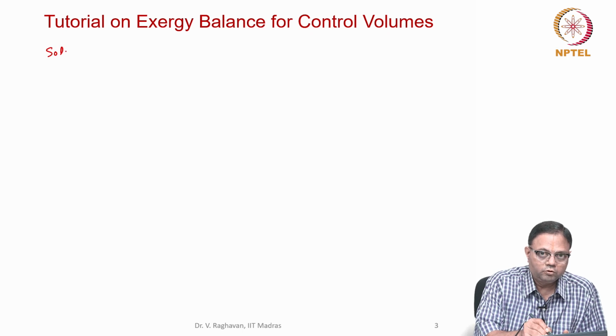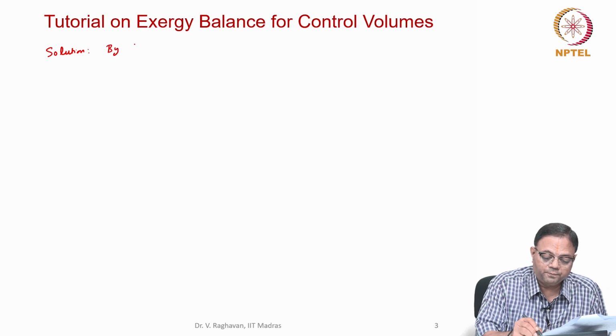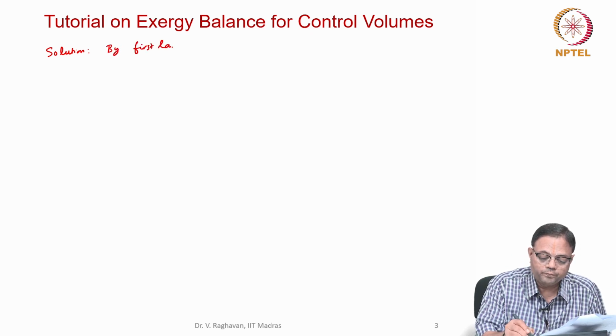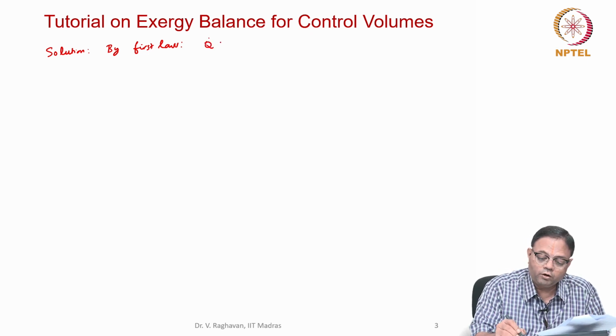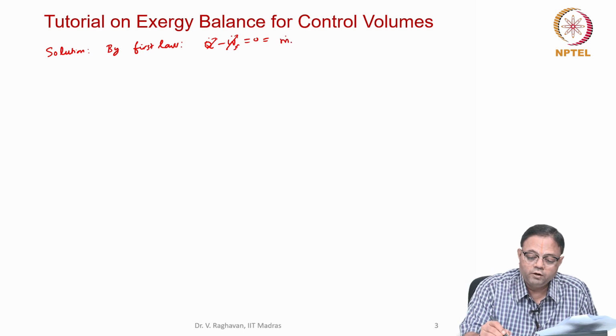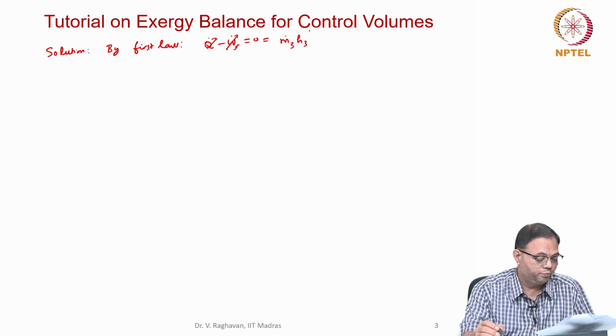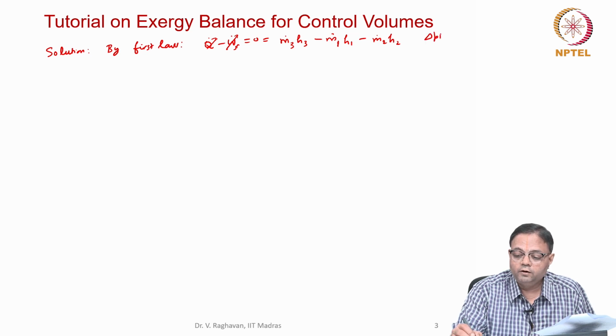Solution continued. You get by first law q dot minus Wx dot, both are 0. So equal to 0 equal to m dot 3 h3 minus m dot 1 h1 minus m dot 2 h2. So here potential energy and kinetic energy changes are neglected.